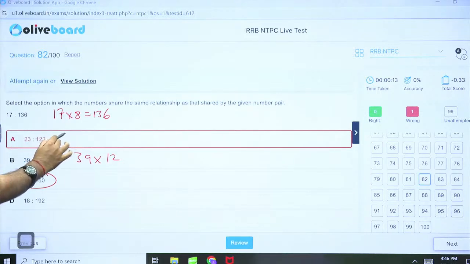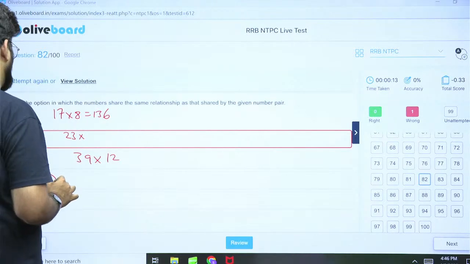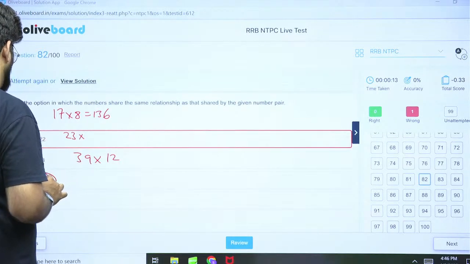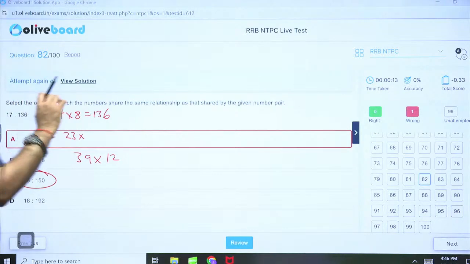23 into 14 should be 122. No, 23 into 22. 23 into. Oh, select the option which share the same relationship. My bad.